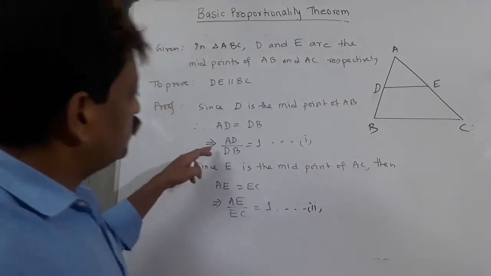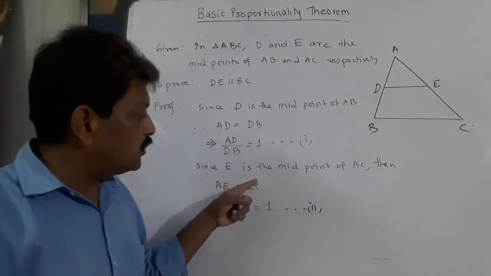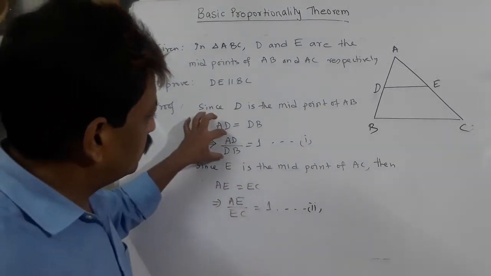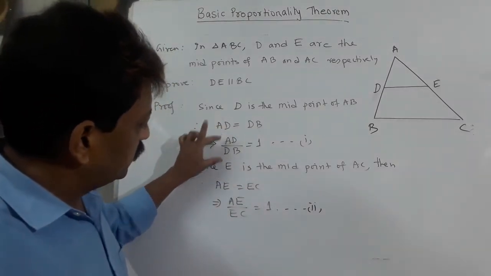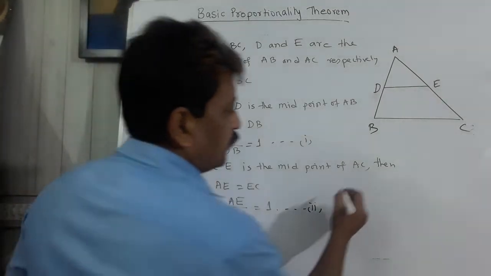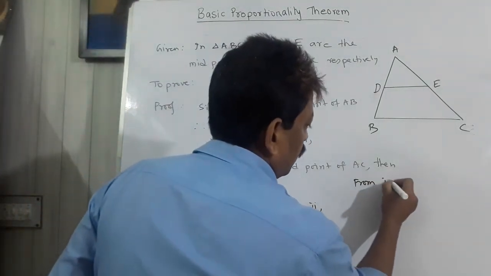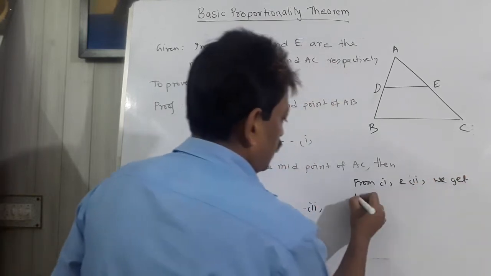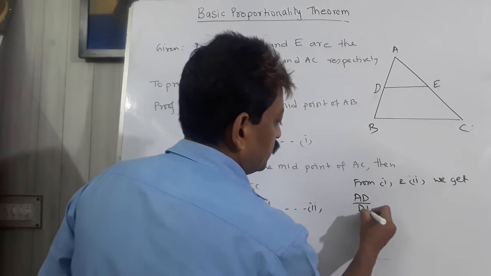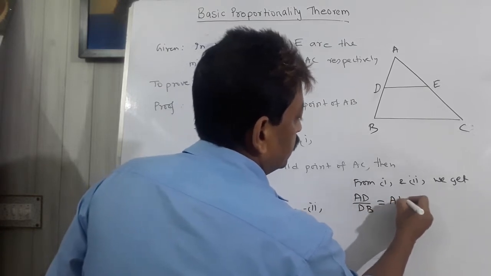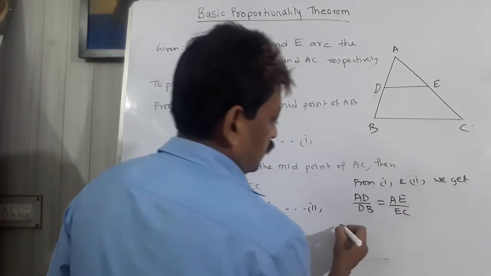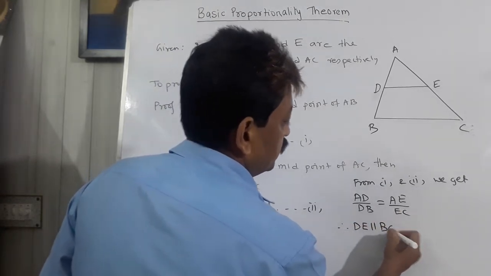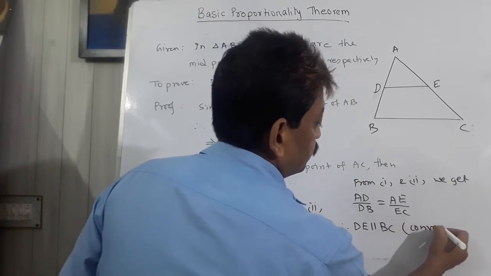So now see these two equations. The right hand side of both the equations are equal to 1. Therefore, from these two equations we can say that AD upon DB is equal to AE upon EC. So from 1 and 2 we get AD upon DB is equal to AE upon EC. Therefore we can say that DE is parallel to BC, converse of Thales theorem.